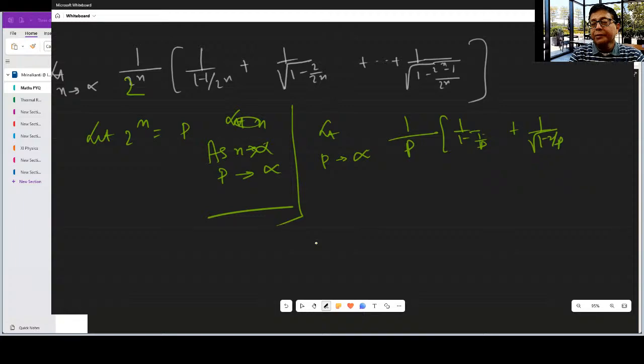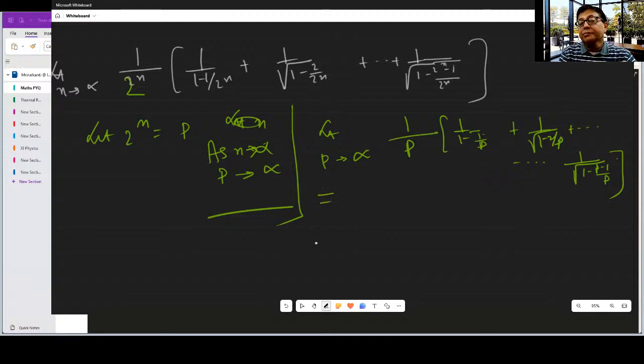Two by p, one by 1 minus p minus 1 by p. Okay? So which one changing here? 1, 2 to p minus 1. That you have to notice.